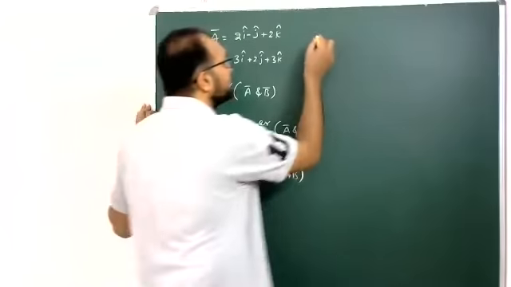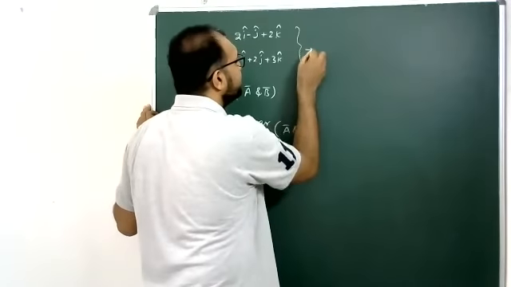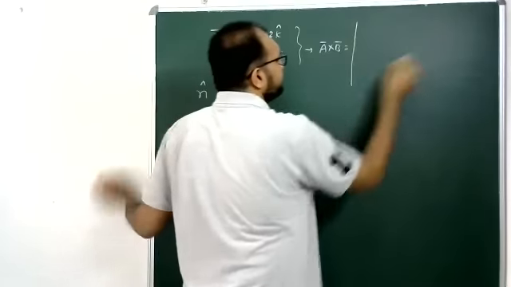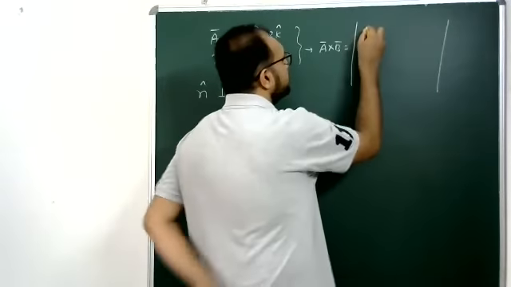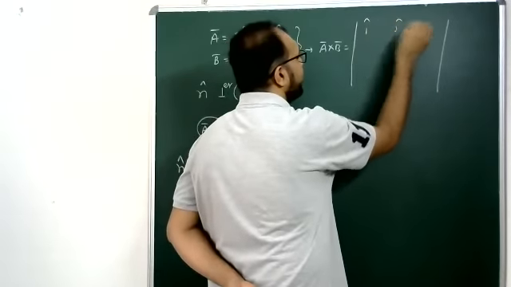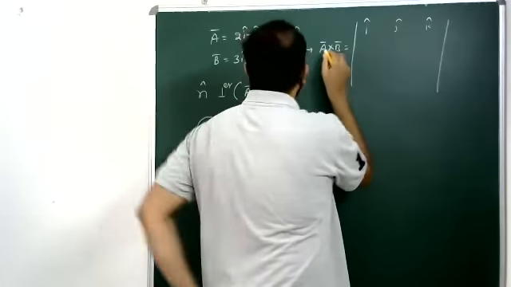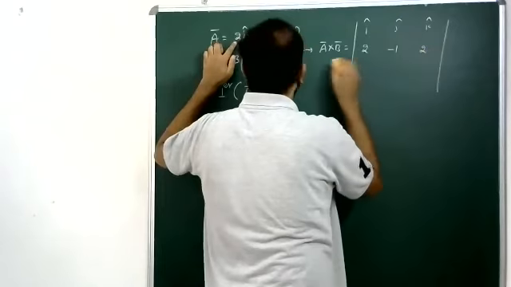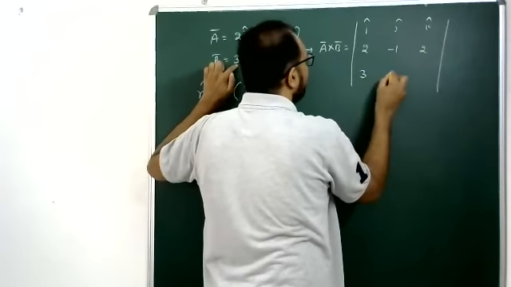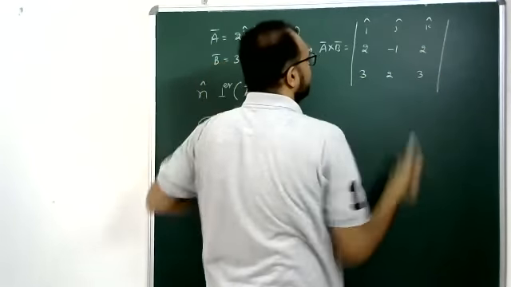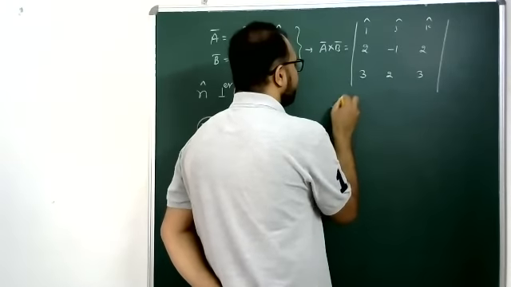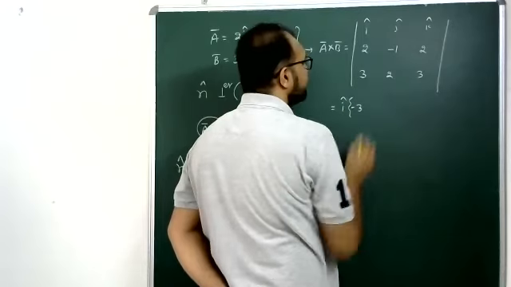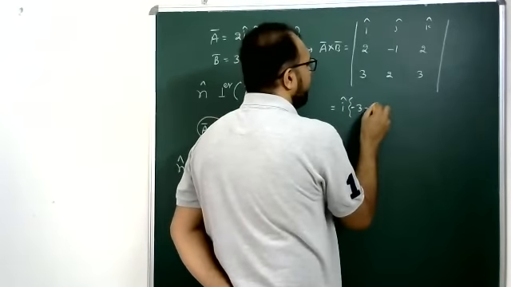Now A bar cross B bar, I am finding from this. I cap, J cap, K cap; A bar: 2, -1, 2; B bar: 3, 2, 3. Yes, first I cap: -1 times 3 is -3, minus 2 times 2 is 4, so -4, that is -7.